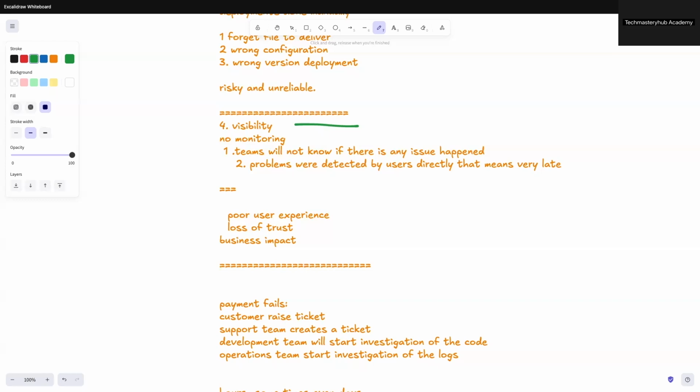Let's take a real world example. Imagine you're using a banking application. You try to make a payment, but the payment fails. Now what happens? The customer will raise a complaint. Then the support team will create a ticket.